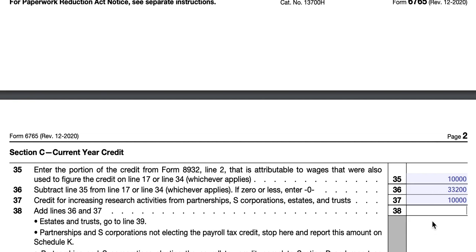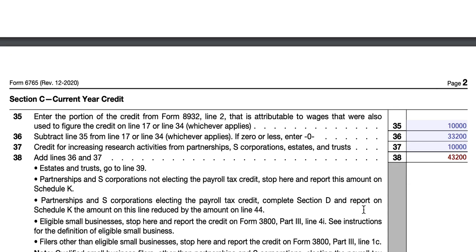So, this assumes that we are not going to just claim this directly on Form 3800. We're just going to keep going. Now, estates and trusts, go to line 39.